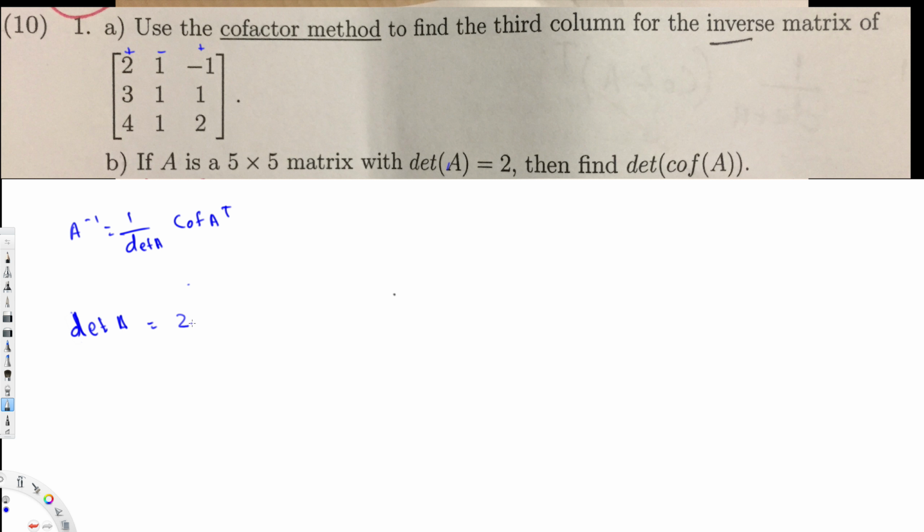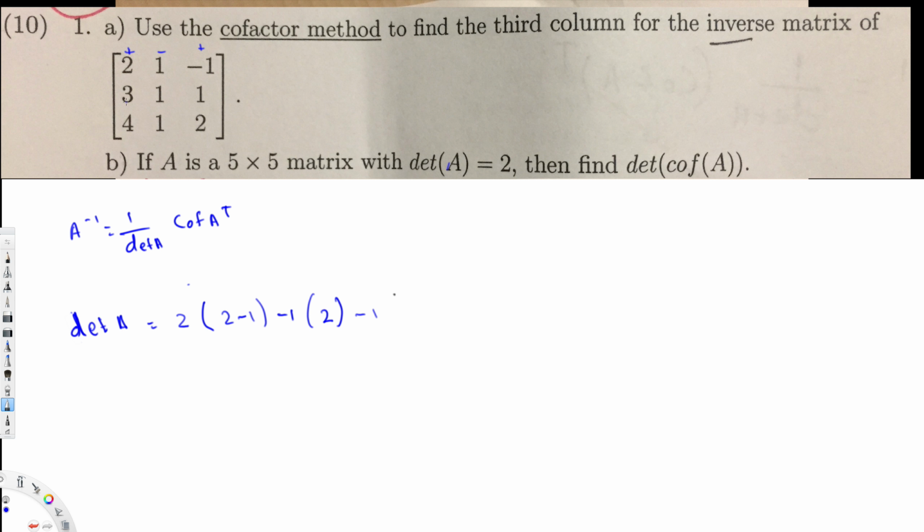If I take 2 here, it's going to be AD minus BC, so it's going to be 2 minus 1. Then I'm going to get minus 1 right here. If I take minus 1, I will get 3 times 2 is 6 minus 4, and 6 minus 4 is 2. Then minus 1 right here.